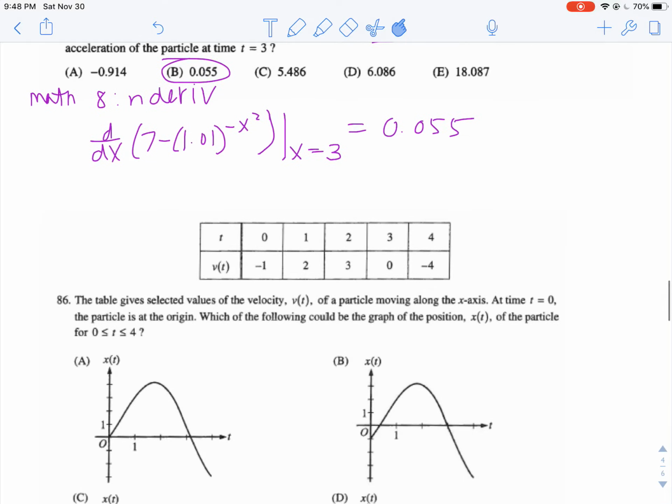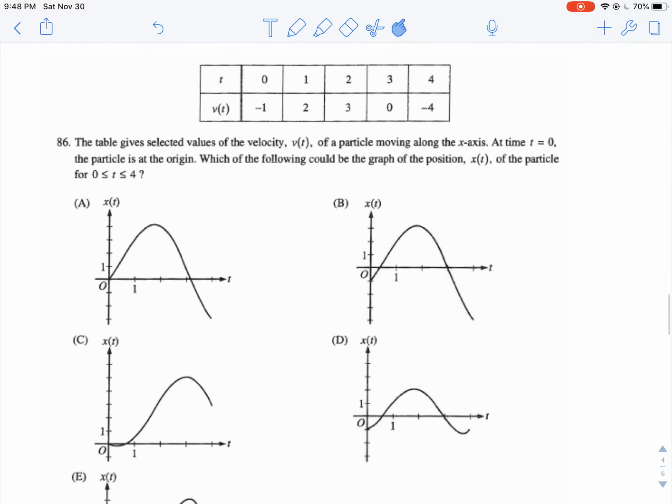Okay, this next one, also a calculator active question, but surprise, you don't need your calculator for it. The table gives selected values of the velocity of the particle along the x-axis. At time t equals 0, the particle is at the origin. Which of the following could be the graph of the position of the particle from 0 to 4 seconds?